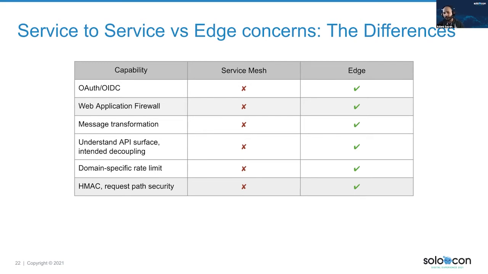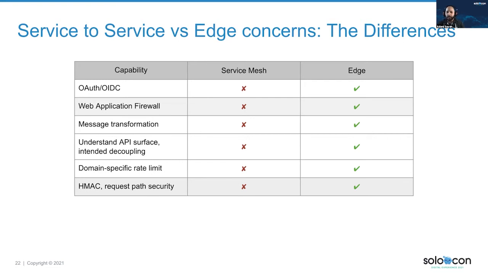You want to be able to call your IDP and authenticate your call going into your network. Now, you want to apply some WAF rules to secure incoming traffic from outside, from untrusted sources. You want to have some sort of message transformation, because obviously a lot of companies have legacy systems, and if you have a legacy client, you want to have a way to transform the data before reaching your service, and different things like that.